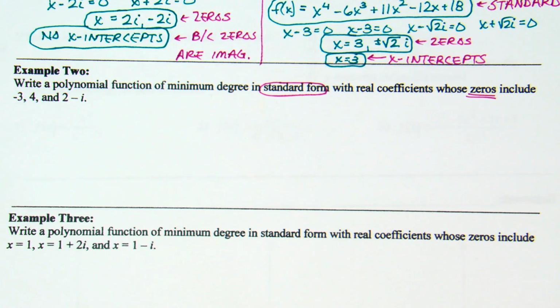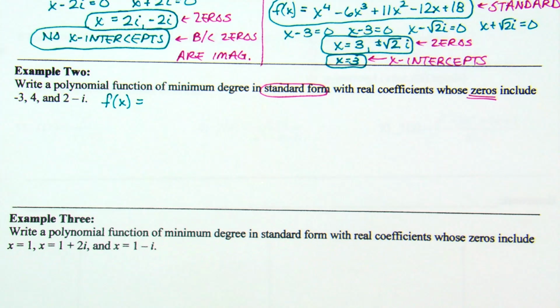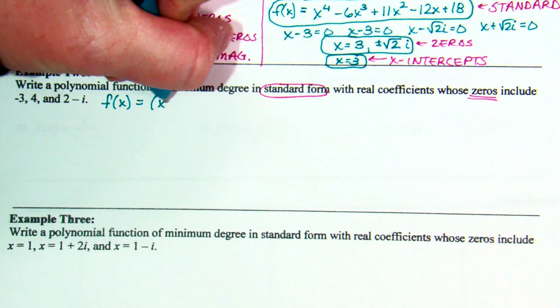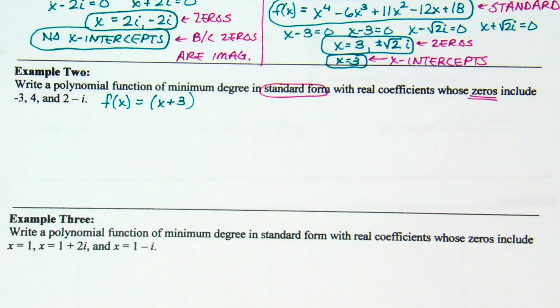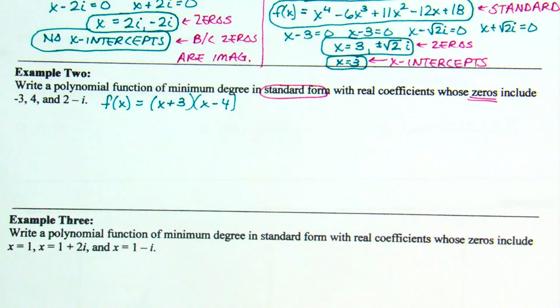Now, be thinking, because there's a slight twist, since we're in the next lesson. So f of x: first of all, -3 is a zero. How do I express that as a factor? X plus 3. Good. 4, how do I express that zero as a factor? X minus 4.